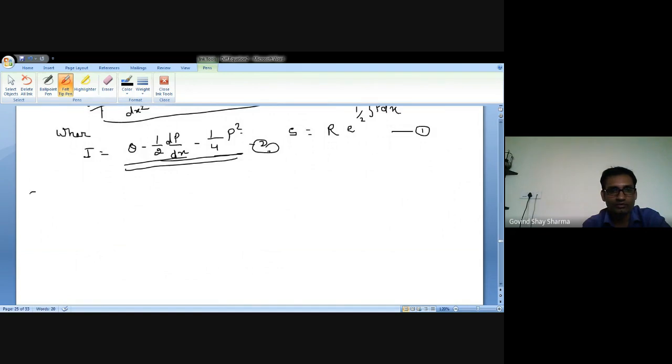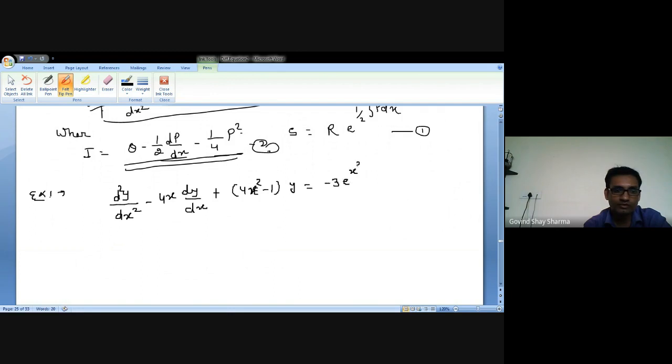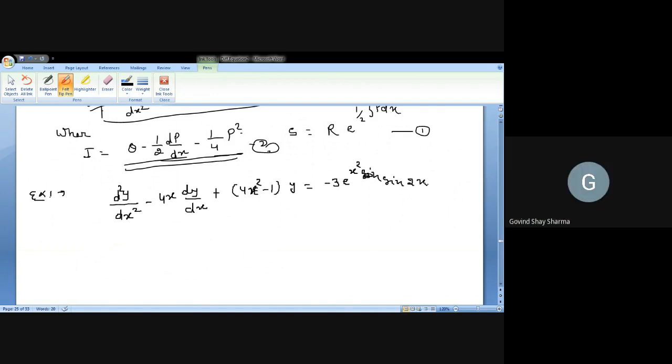Let's explain one problem. d2y dx2 minus 4x dy upon dx plus 4x square minus 1 y is equal to minus 3 e to the power x square sine 2x.